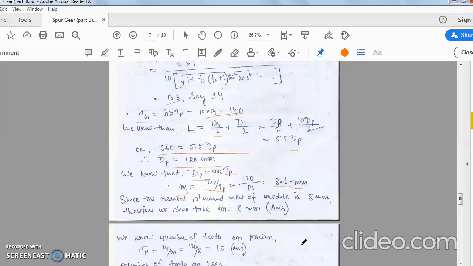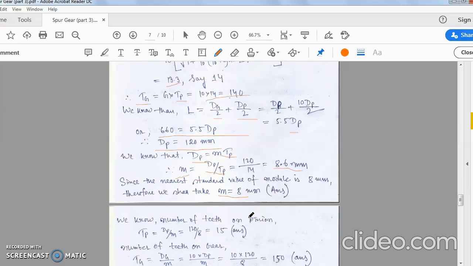So we will have to know the nearest value that is actually available in the market. So 8.6 is an arbitrary value that is not available in the market. The nearest standard module available in the market is 8. So we will select the module as M equal to 8 millimeter.